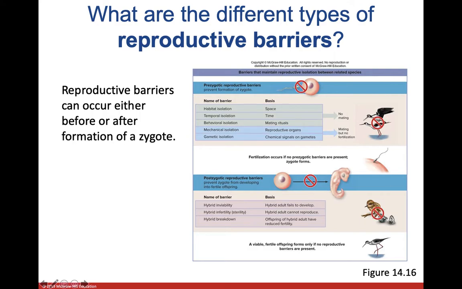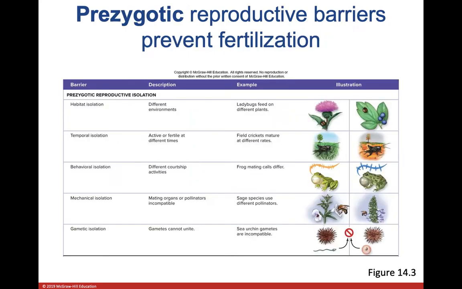Now, if they can produce fertile reproductive offspring and they do not encounter any reproductive barriers, they are the same species. If they mate with one another and encounter a reproductive barrier along the way, we'll talk about what these reproductive barriers are. They do not produce a fertile offspring. They are considered two separate species, and this is how these reproductive barriers work. So there's lots of different types of reproductive barriers, and we'll talk about how each one of them leads to different types of evolution in just a second.